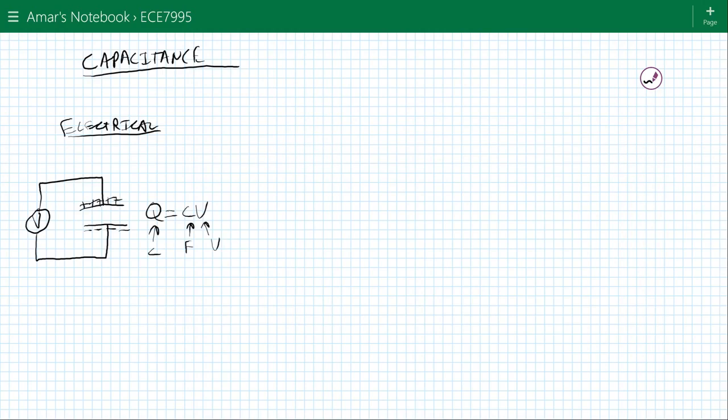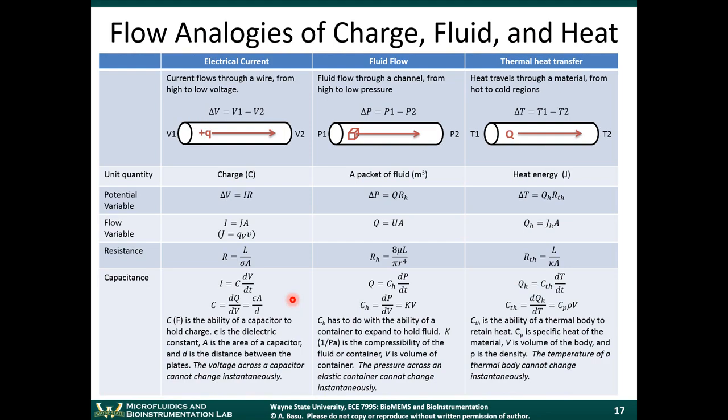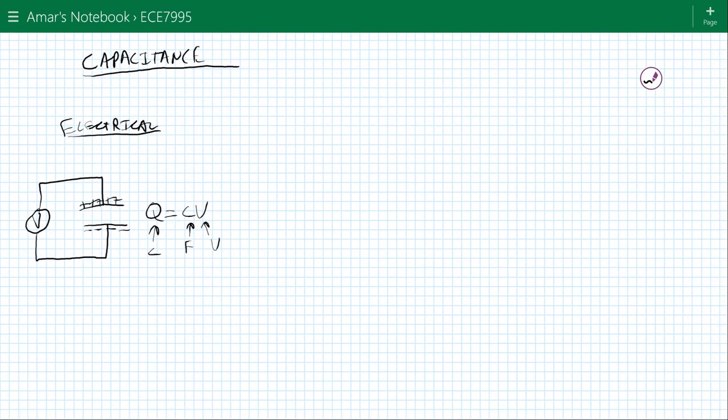Now, what does that mean? Let's think about this in terms of what the unit quantity is. In electronics, we're dealing with charge. The capacitor stores charge. It's a form of energy storage. One of the reasons the voltage across a capacitor can't change instantaneously is because the voltage has a certain amount of charge across it.